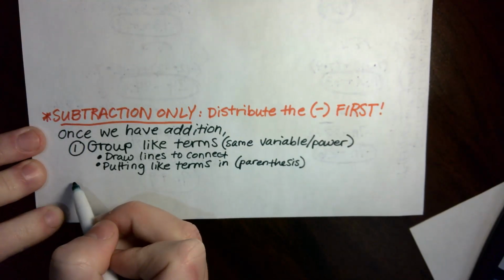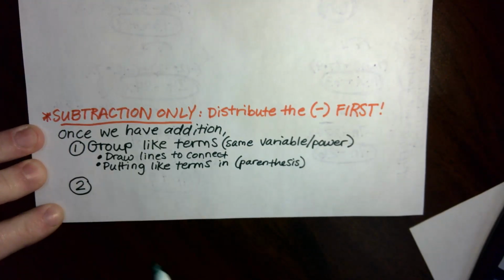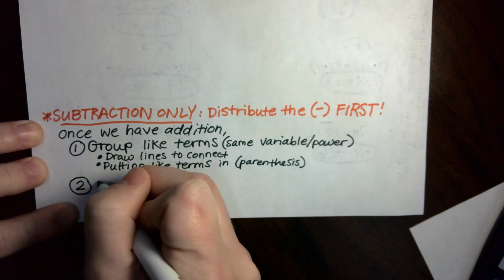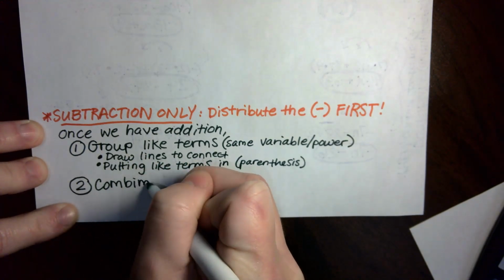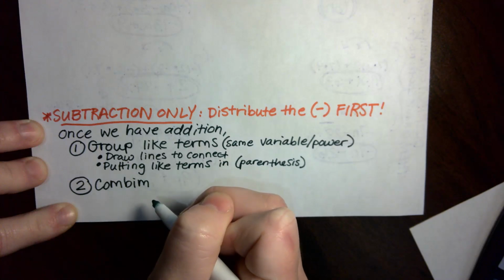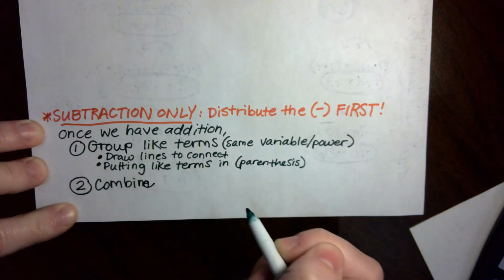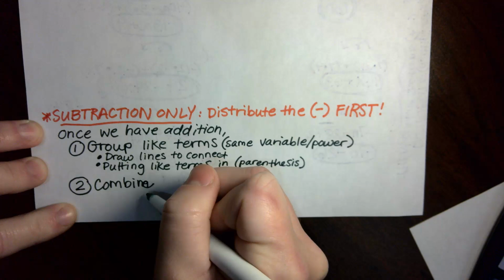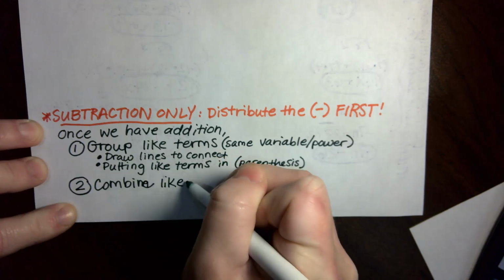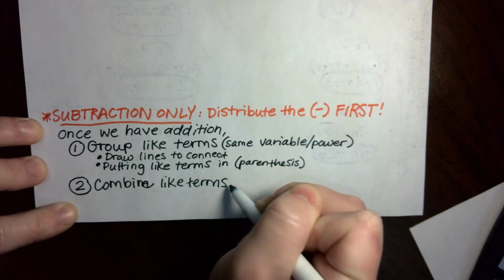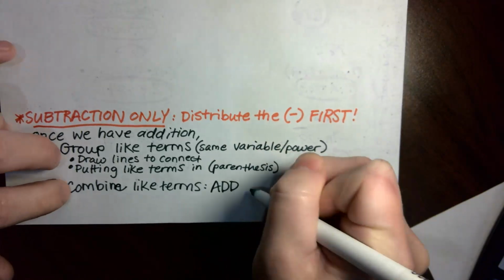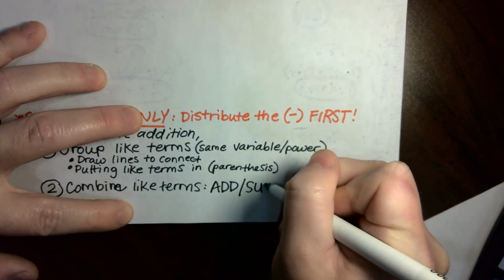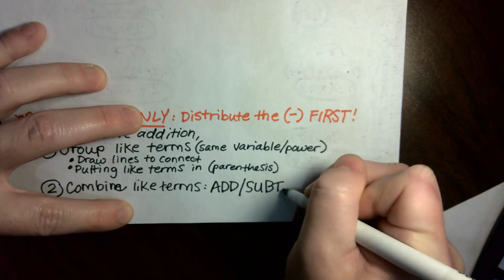And then step 2, your final step, is to combine like terms. Oh my goodness. Combine. Can't write today. Combine like terms, and that is only adding and subtracting. You will not multiply anything on this page.